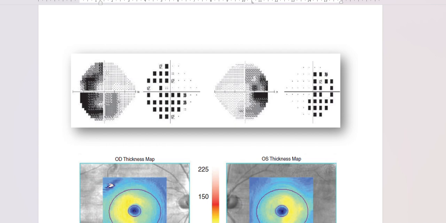This is another visual field, and because it shows the probability plot, you have a clear idea where the optic nerve is and the blind spot, and you have a defect here and a defect here. So one of the differential diagnoses is bitemporal hemianopia, but this is not bitemporal hemianopia. This is enlarged blind spot.